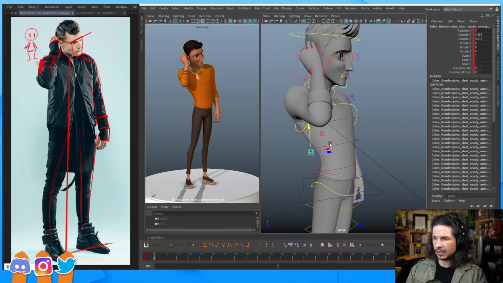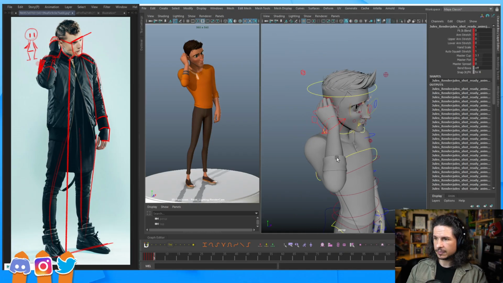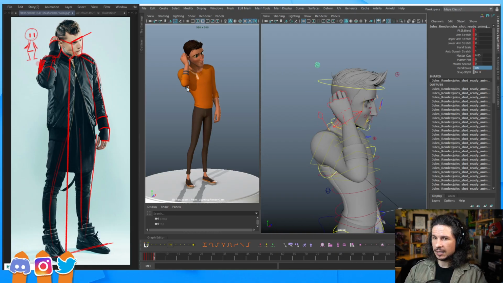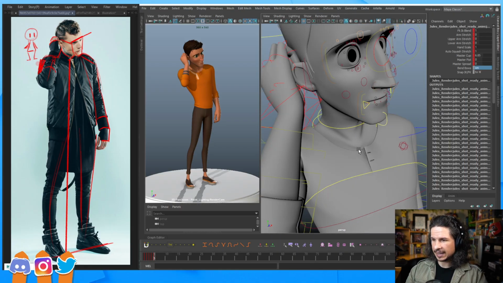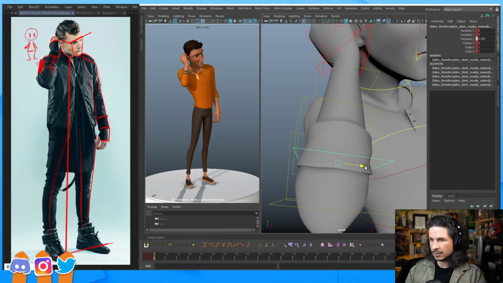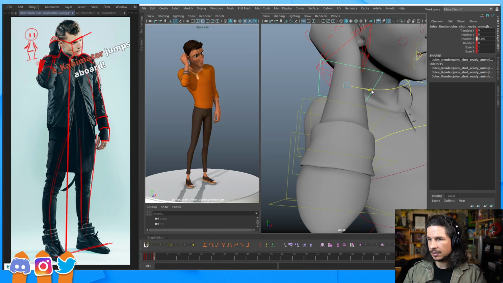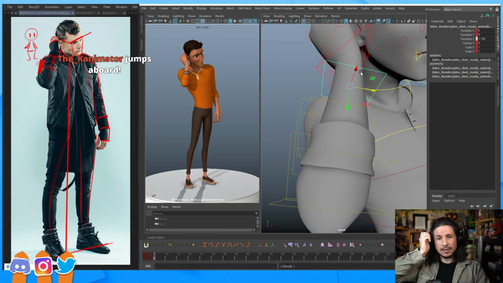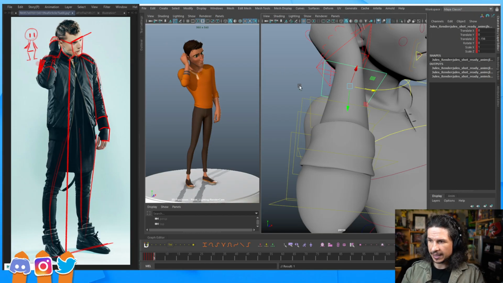Let's see. We could turn on the bend bows for the arms. For the arms, especially on this one, this would be a great one to add a little bit of a bend bow to. So I'm going to take this and curve it this way, so we get a curvature into the wrist, or from the arm, I should say. Instead of just this straight line, we get a little bit of a flow right through there.